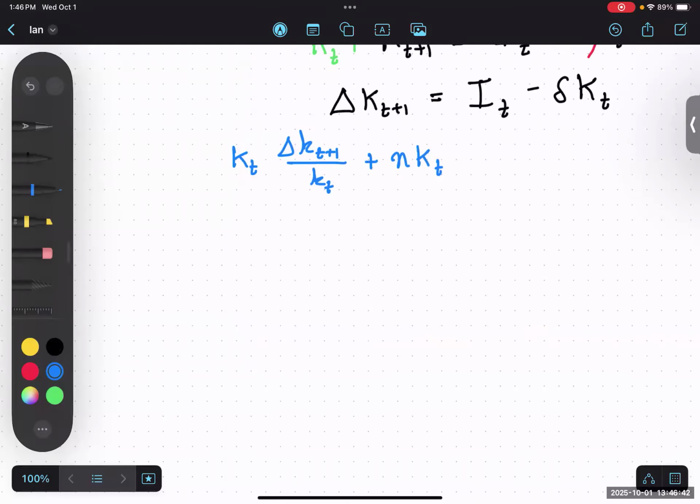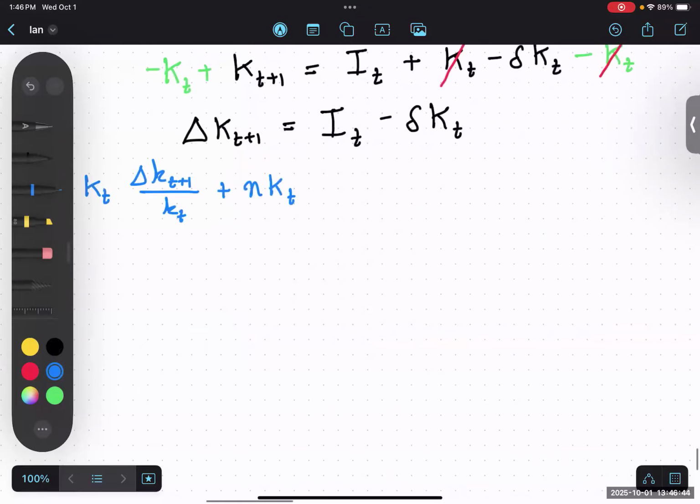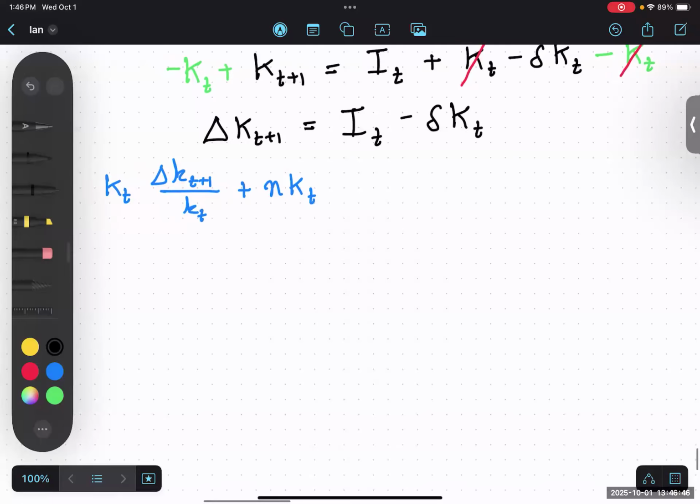So this is positive, right? And we know that we are not replacing for the actual value of delta kt plus 1, which means that this is just an approximation of what we have on the right-hand side. In this case, investment and the depreciation of capital times capital stock.